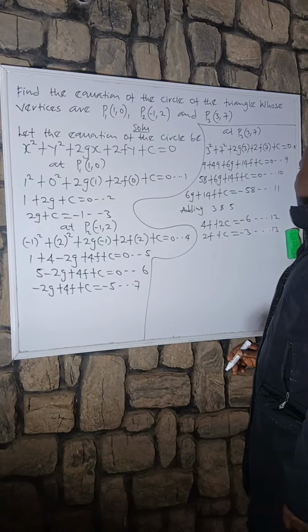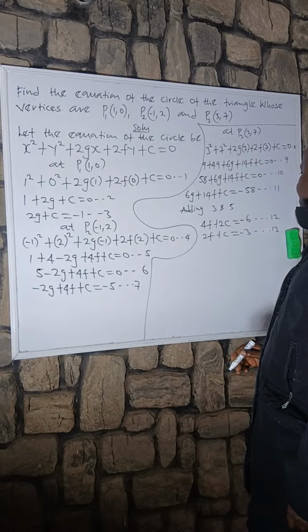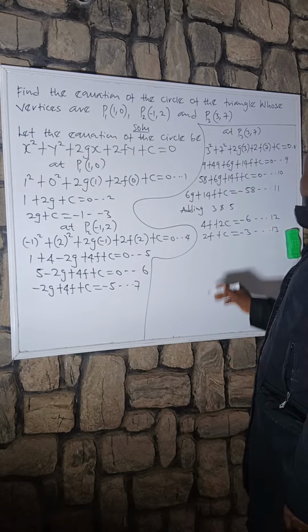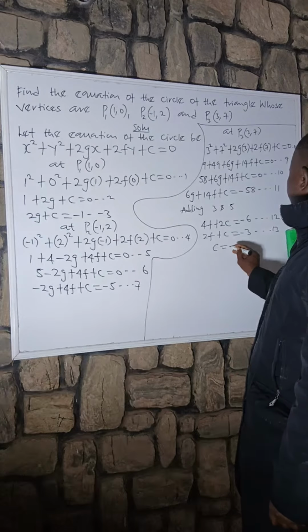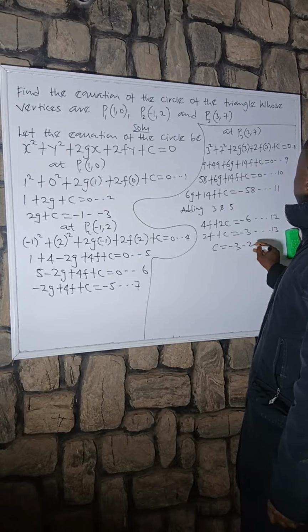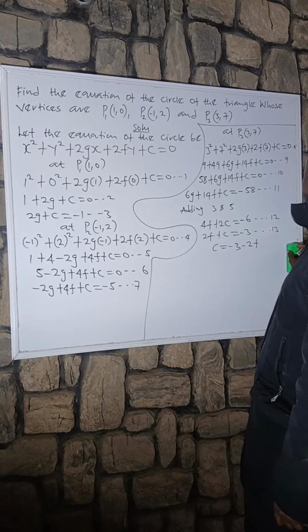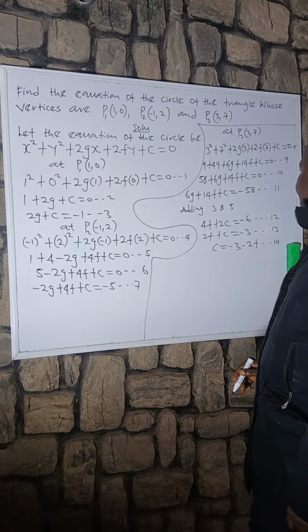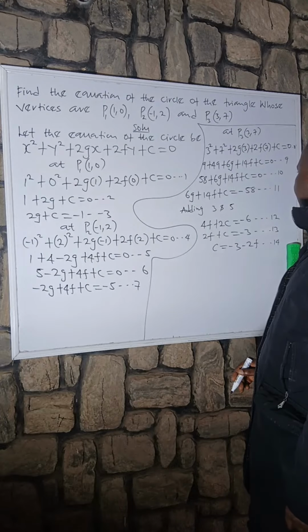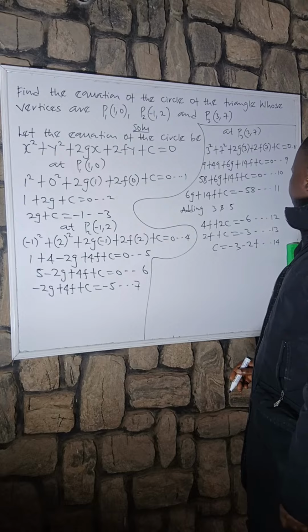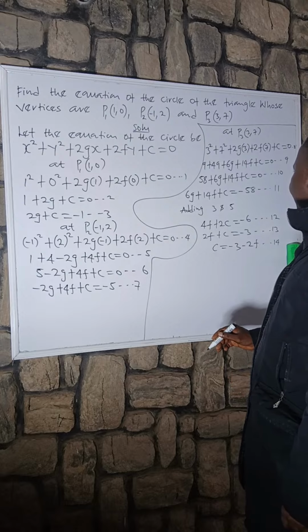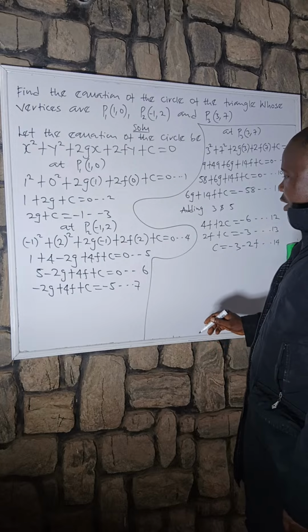If we substitute in, we make c equals to minus 3 minus 2f, we assume this one to be 14, right? Then if we substitute in this here, what do you think will happen?